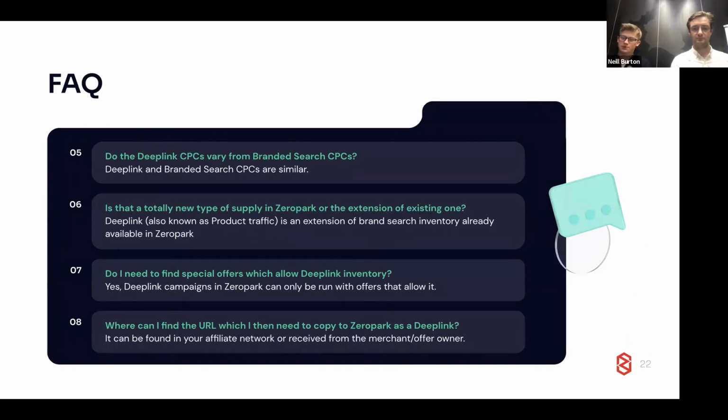Once you see the win ratio is quite similar and you are at a profitable level, keep it as it is. But if you want more, just bid up, or bid less if you want to be profitable and you're not with the bid you were having on the homepage. It depends on the win ratio and the revenue you're generating, but I'd say quite similar CPCs will apply on both Deeplink and homepage campaigns.